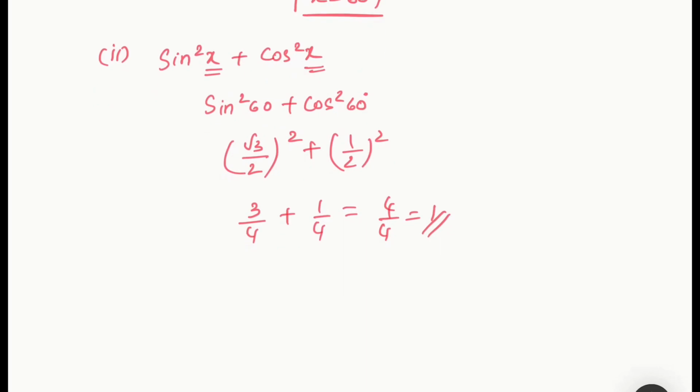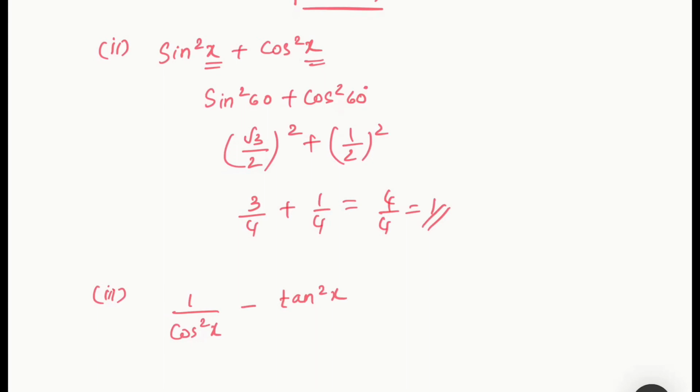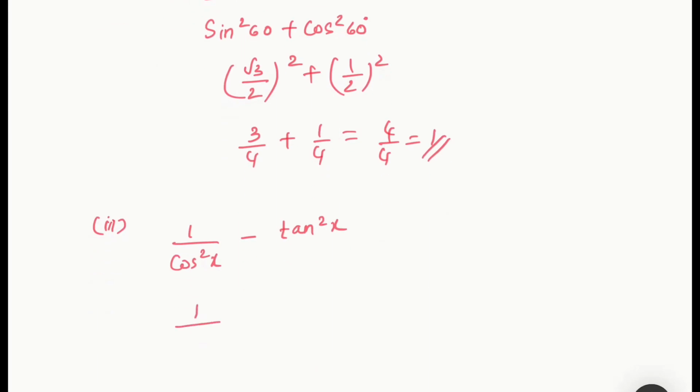Now coming to the third sub question in that fourth main. What is that? 1 by cos square x minus tan square x. So 1 by cos square 60. We found it as 60, right? Yeah. Minus tan square 60.